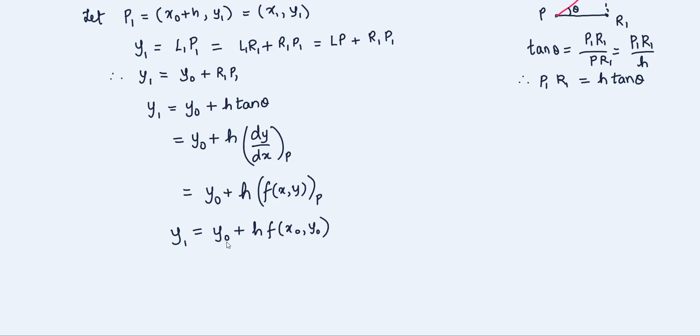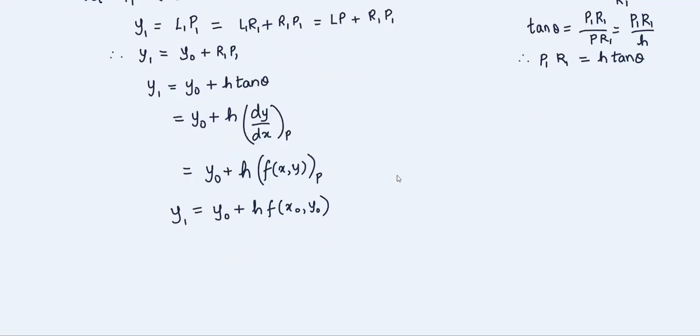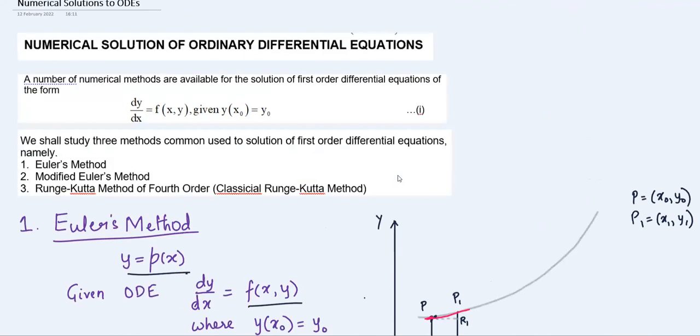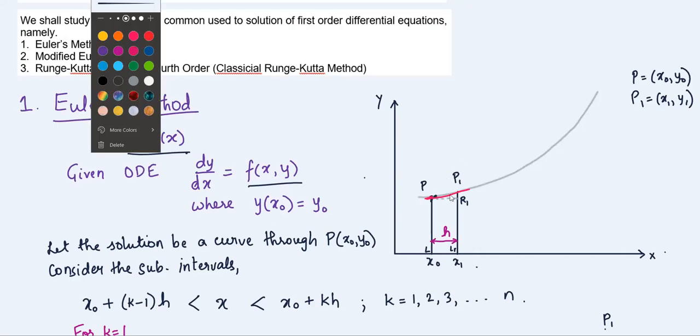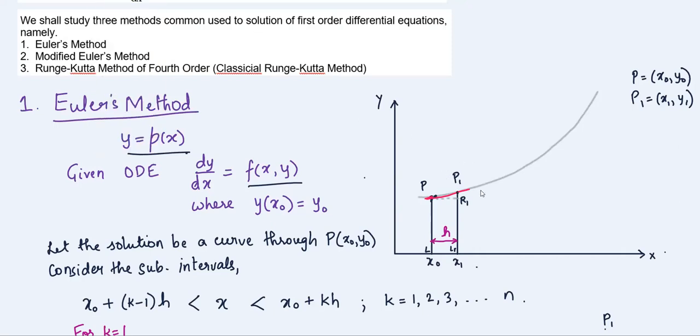So I knew that at x0 the value is y0. From that, using the given equation, I have got a numerical approximation of the next solution point. Solving a differential equation for us means finding all such points on the curve.